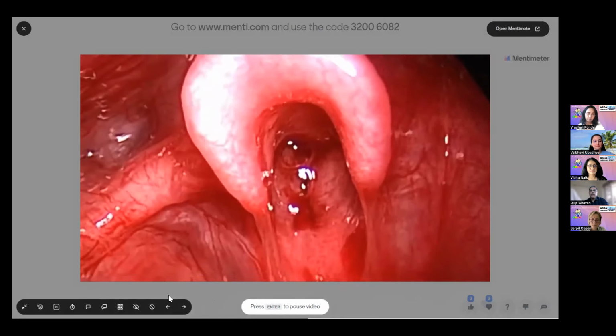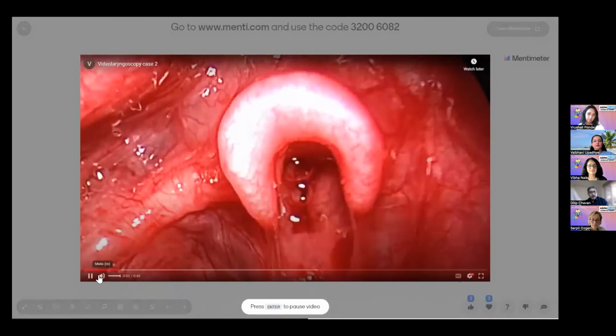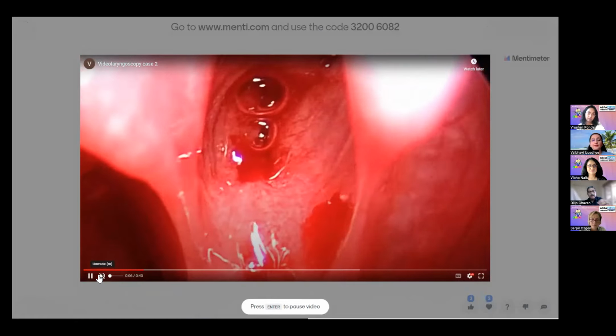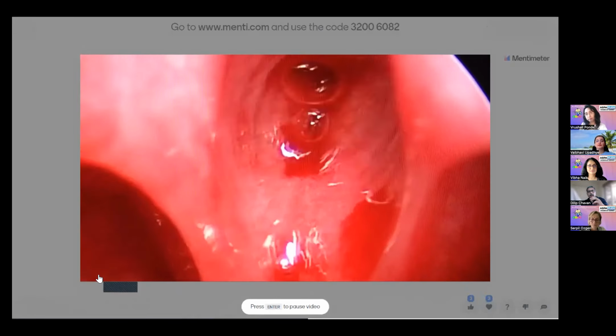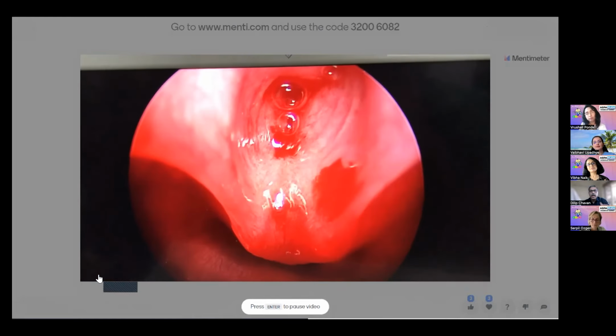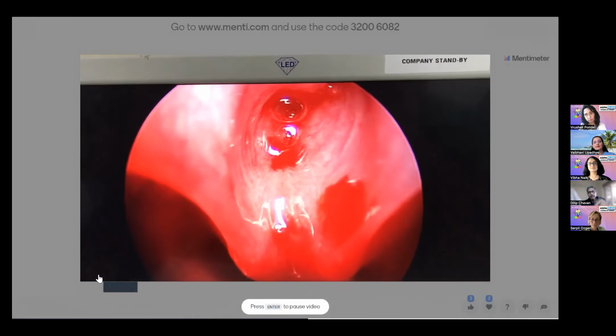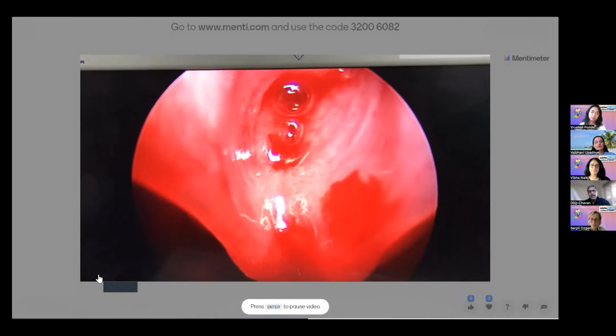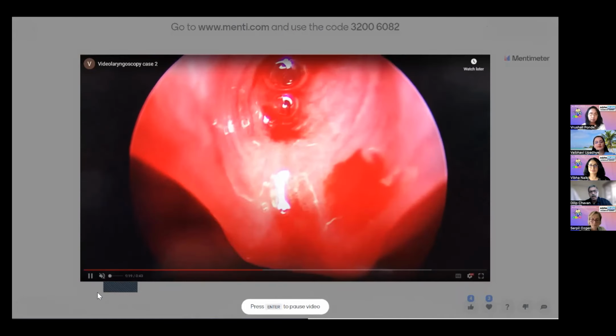Mask ventilation was possible, and the most important thing, mask ventilation is good. So what we can do is that instead of doing a classical intubation, we should have a video laryngoscope. And when we did a video laryngoscopy, you can see there is a complete glottic closure.